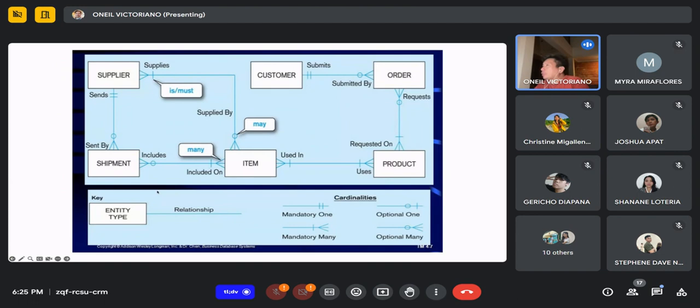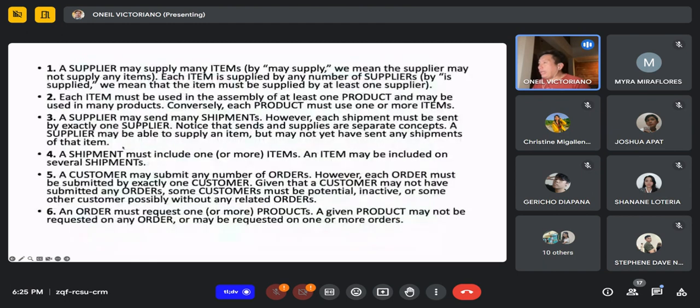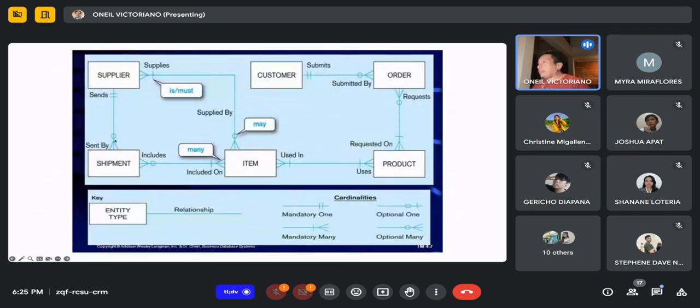So we can also depict that in a subsystem ERD. Again, customers would have many or zero orders, but the orders would have one and only one customer. Looking at suppliers, a supplier would have many shipments, or zero shipments.